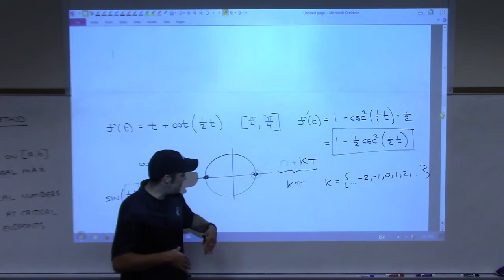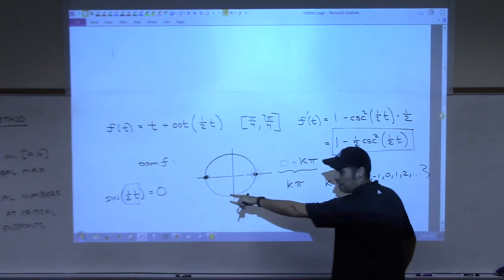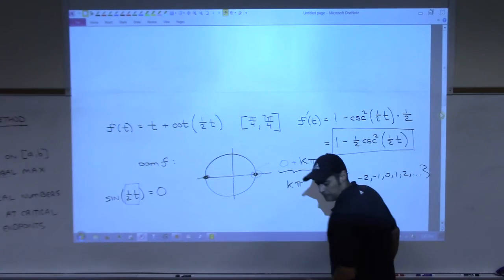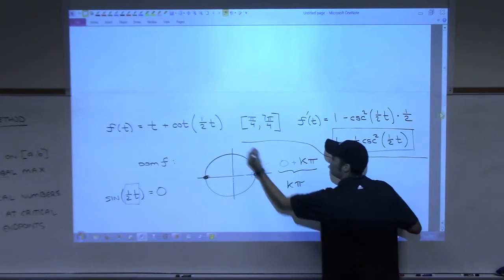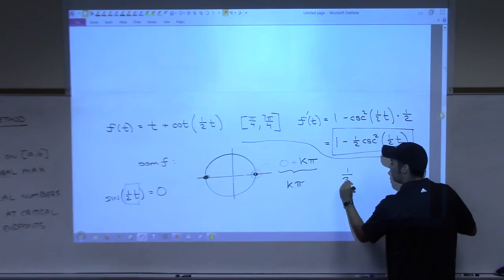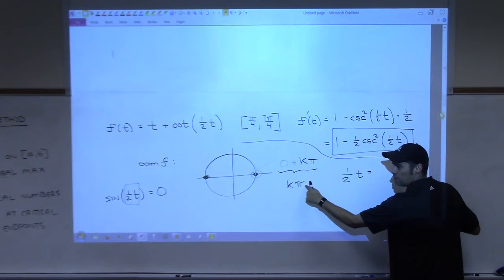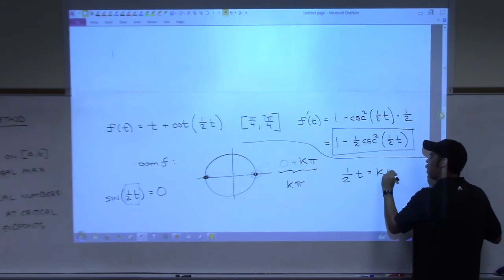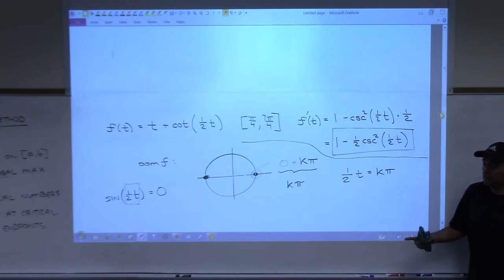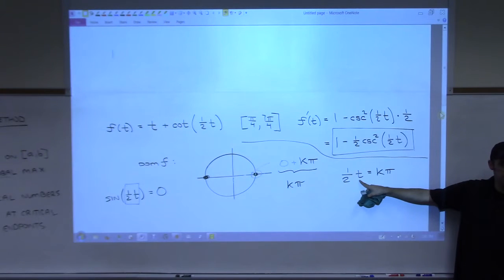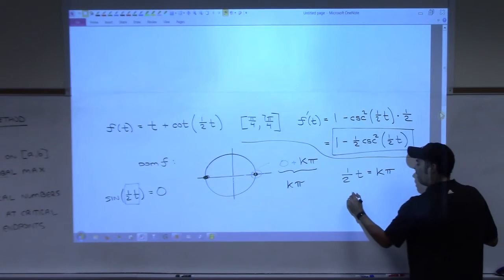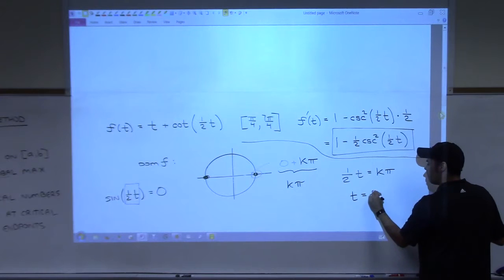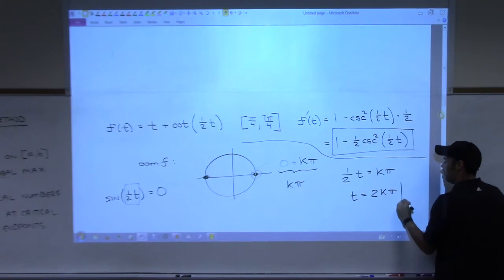So my next step is to take the argument of the trig function, 1/2 t, and set it equal to our general solution here, k pi. And then finally, solve for t. If I solve this for t, I can multiply both sides by 2, right? And you get t is what? 2k pi. There you go.